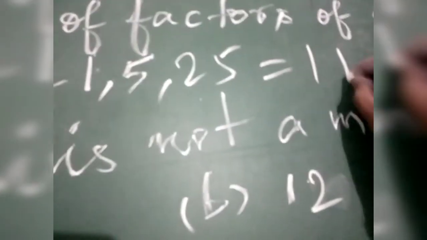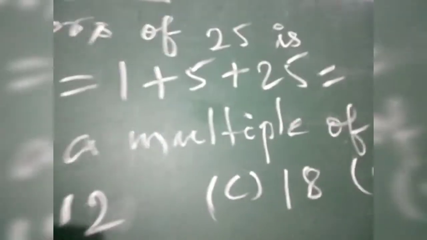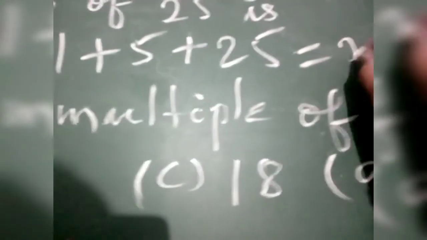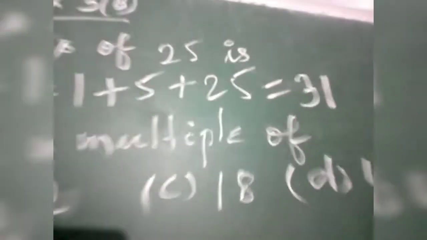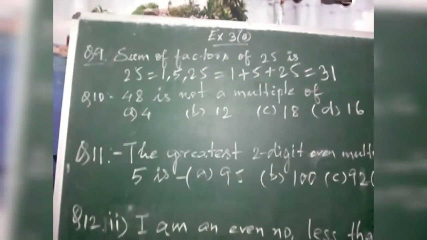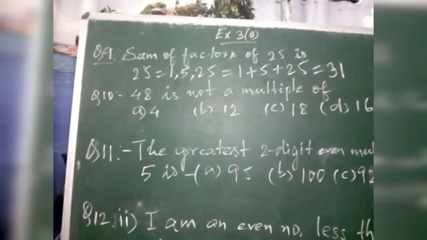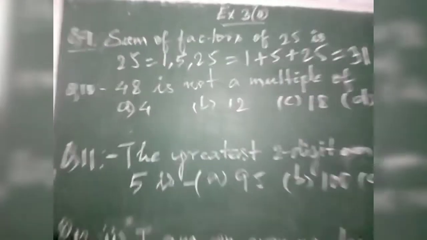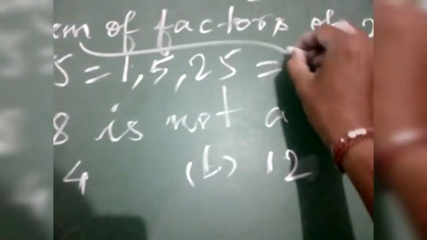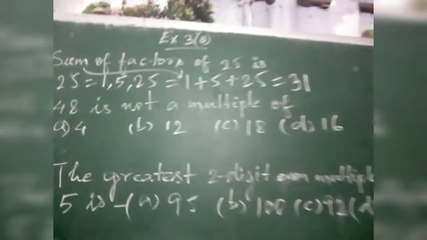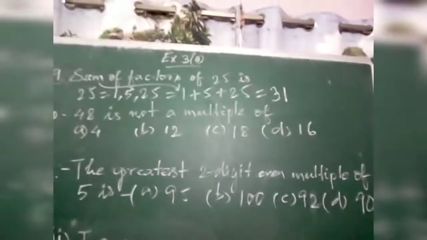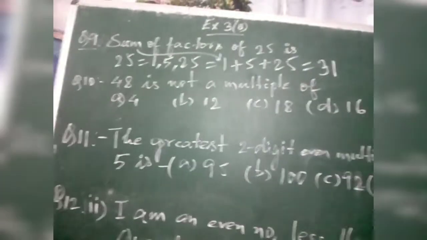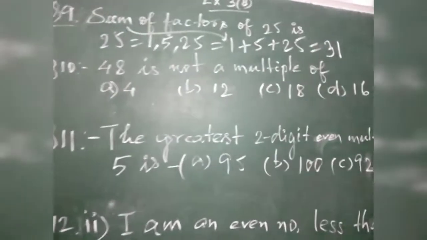If we sum them, we have to add them up: 1 plus 5 plus 25. 25 plus 5 is 30, plus 1 is 31. So finally it's solved.